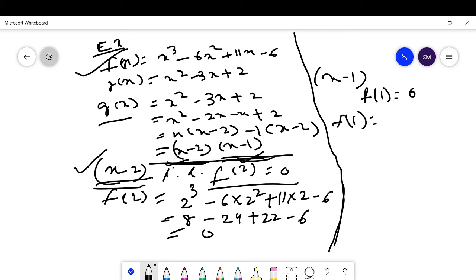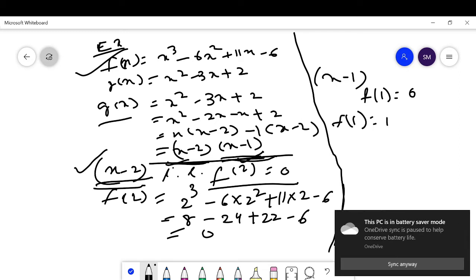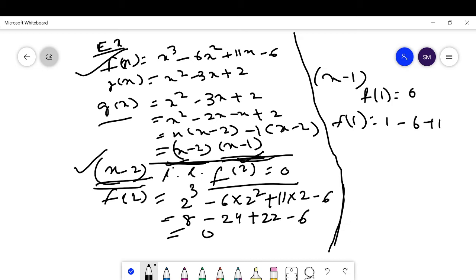This is 1 cube minus 6 into 1 square plus 11 minus 6, which is minus 5 plus 5, equal to 0.